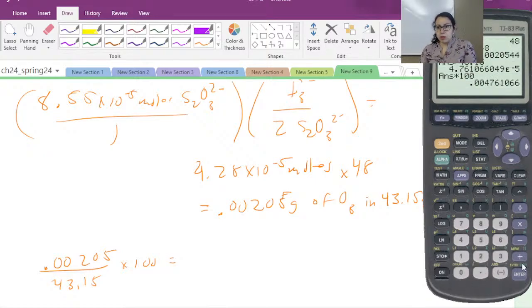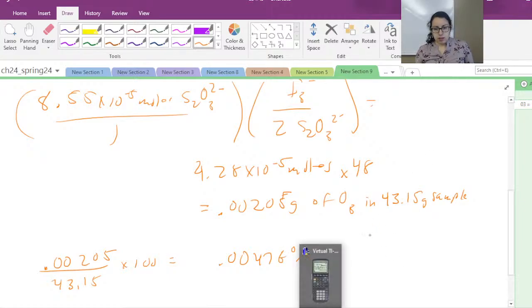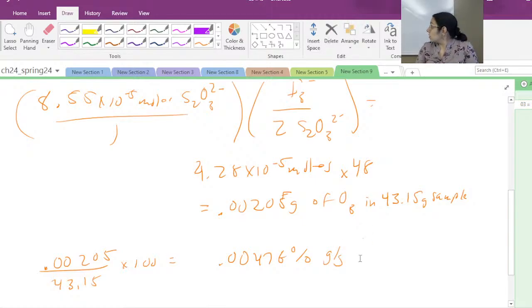So pretty small, but this probably matches, right, with the amount of ozone in the air since it's pretty small. So 0.00474%, or 476, sorry. And we could say gram per gram, just to be clear, since it's just a percent.